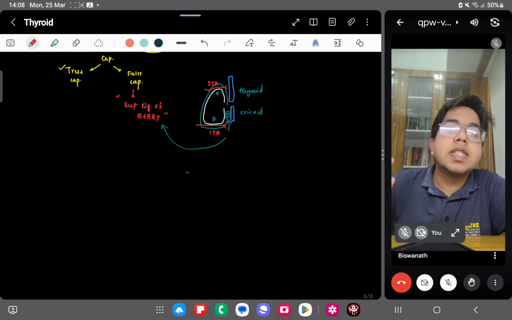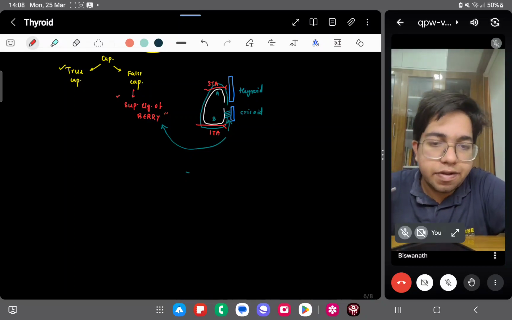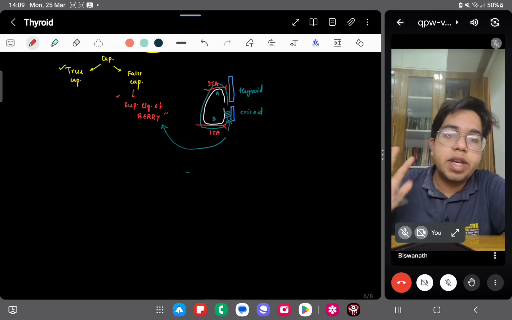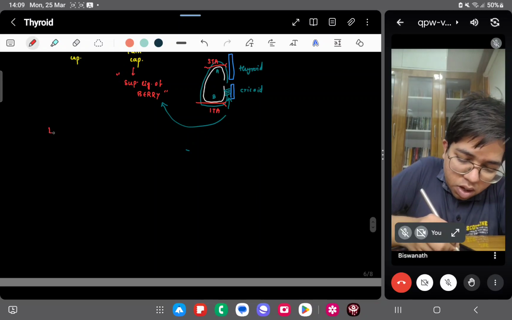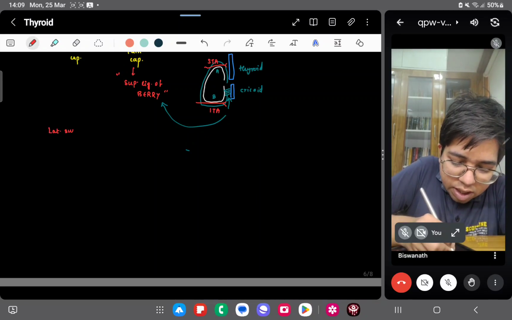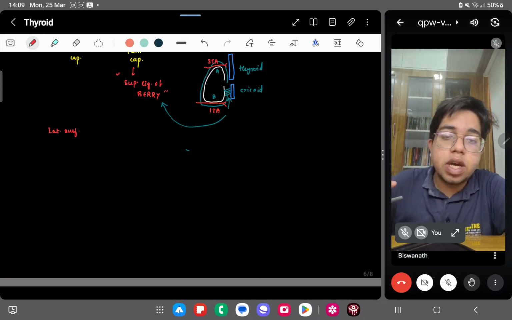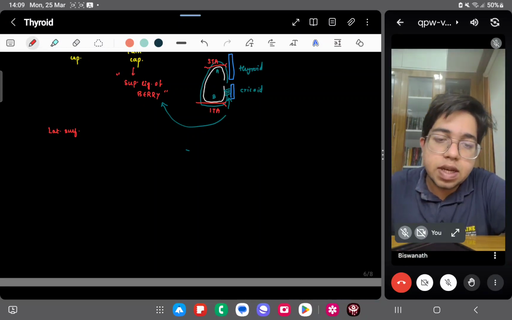We have three surfaces: a lateral surface, which you can also call the superficial surface, a medial surface, and a posterolateral surface. We'll see how these are oriented.